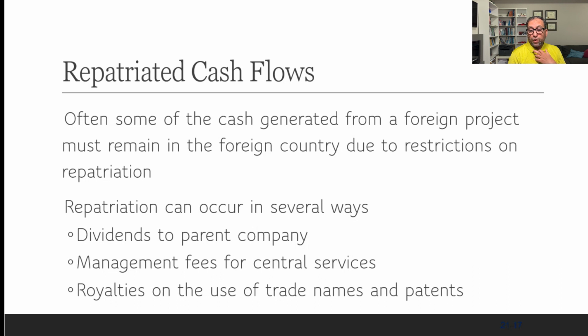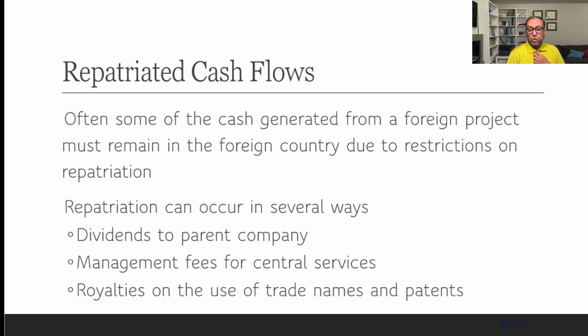Repatriation of profit occurs in several ways. One way is to give a dividend to the parent company. Another way is a management fee for central services, like the parent company providing software or standard things for operation in the foreign country, so they can charge a fee for that.